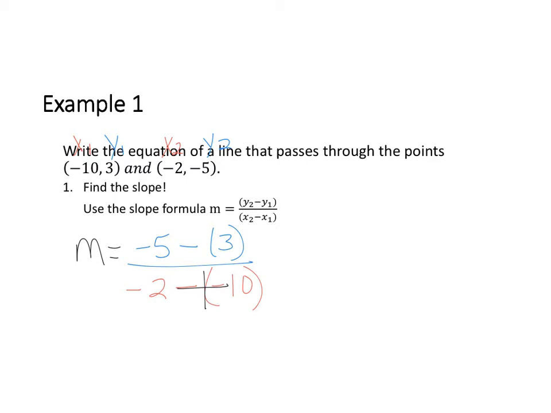So we end up with negative 5, and I go 3 more in the negative direction, and that puts me at negative 8. And I'm at negative 2 on the number line, and I'm going to go 10 in the positive direction, so that puts me at positive 8. And 8 over 8 reduces down to 1. And negative over positive is negative, so my slope is negative 1.